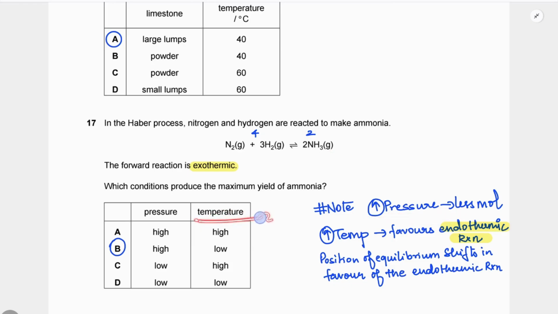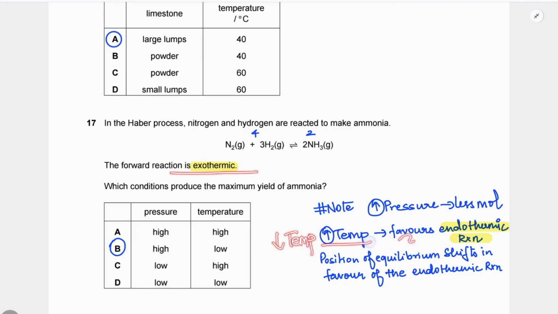Talking about the temperature, as you all know, whenever temperature is increased, it always favors the endothermic reaction. That means the position of equilibrium shifts in favor of the endothermic reaction. But over here, our reaction is exothermic, right? So if I want my reaction to favor the exothermic direction, I have to reduce the temperature. Why?